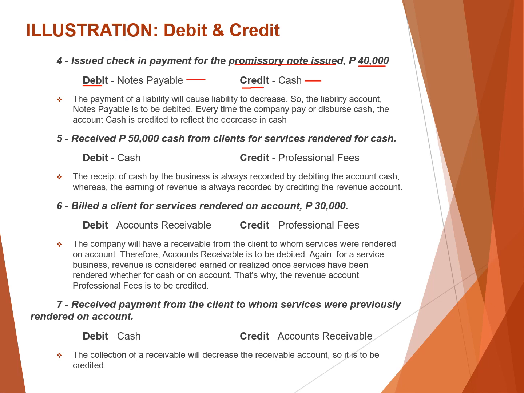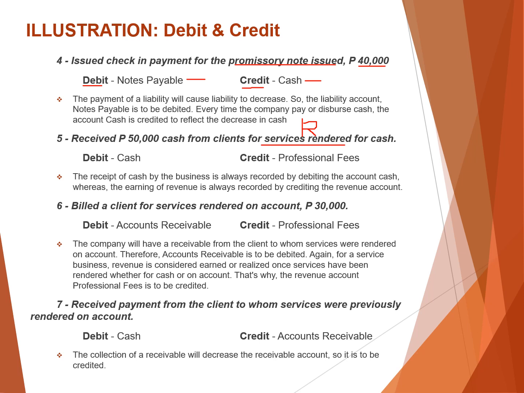Next illustration. So, the owner received 50,000 cash from clients for services rendered for cash. So when you see services rendered, always remember that the account affected here is what? It is revenue.